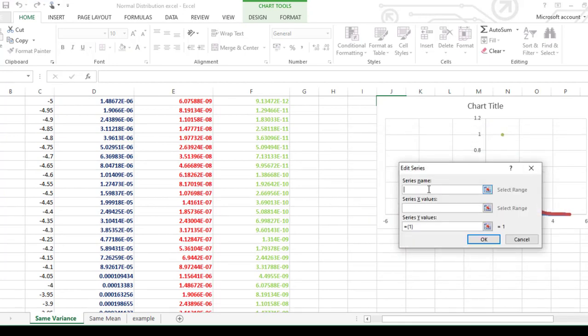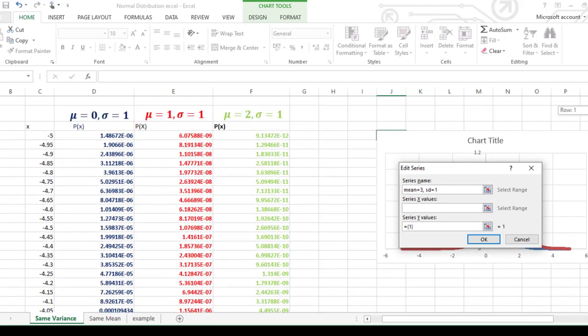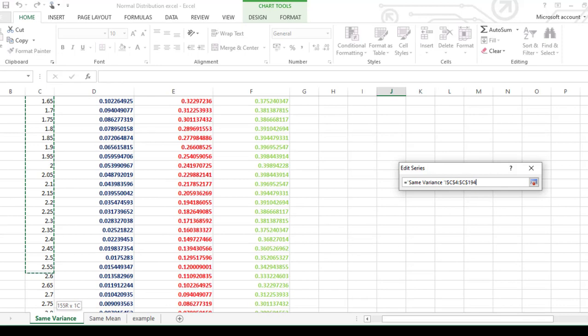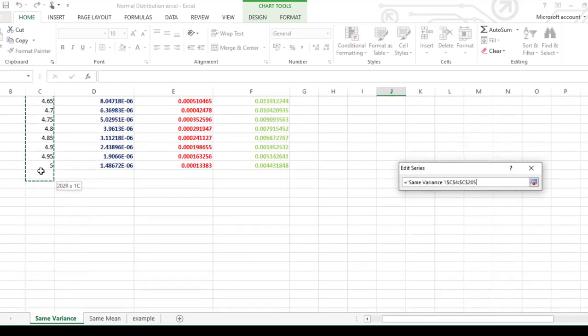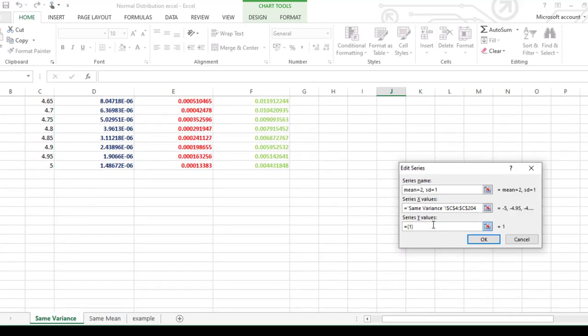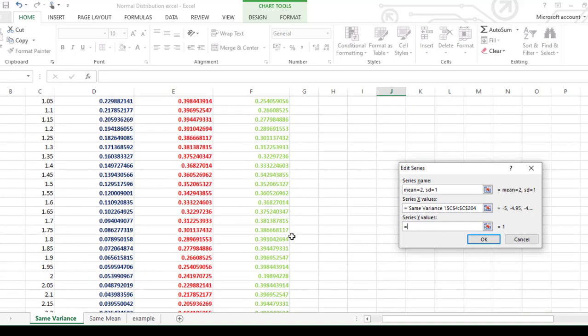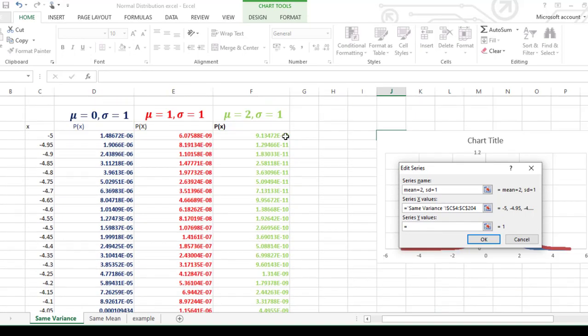So the series name would be mean equals 2 and standard deviation equals 1. Now what is the x series value? The x series value would be the same, that is from -5 to 5. Now what is the y value? The y value would be the corresponding probability density.